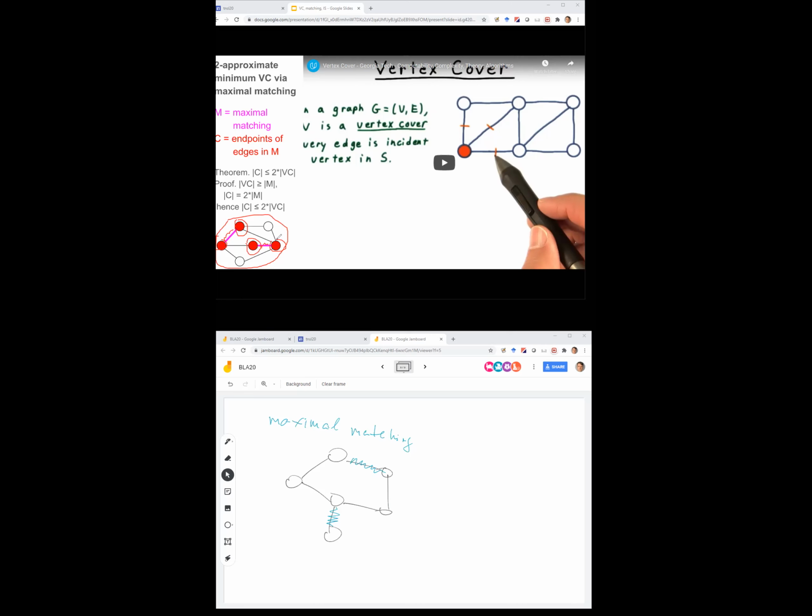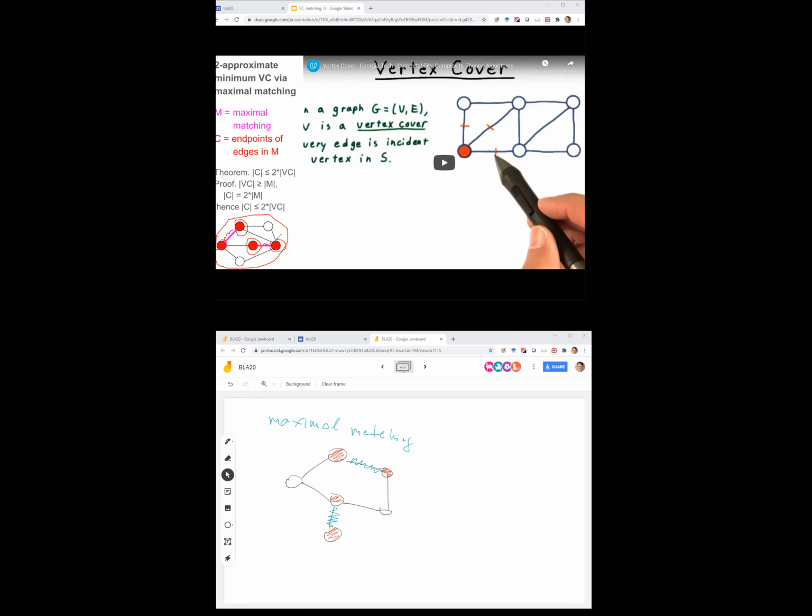Okay, and according to the algorithm, we take the endpoints of the edges in the maximal matching and put them in. So the red things are a vertex cover. And indeed, we can check that it's a vertex cover.